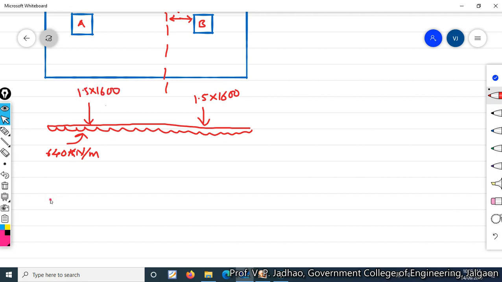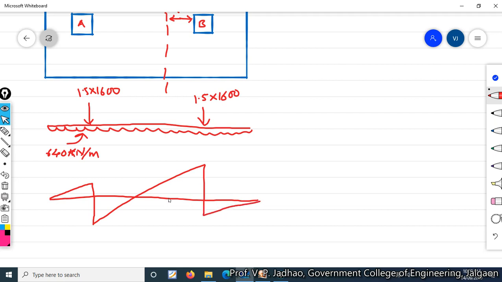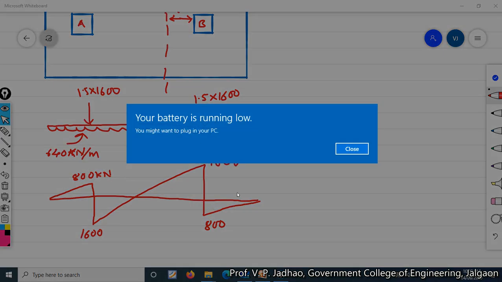The shear force diagram for this particular footing will be something like this. So we have here 800 kilonewton, here 1600 kilonewton, again here 800 kilonewton and 1600 kilonewton.